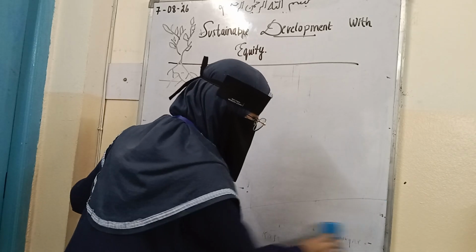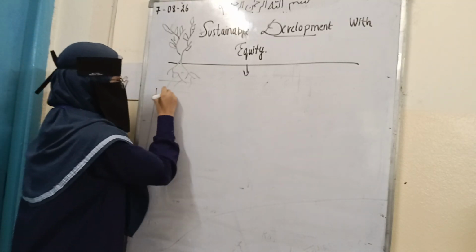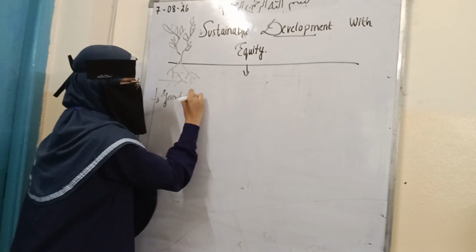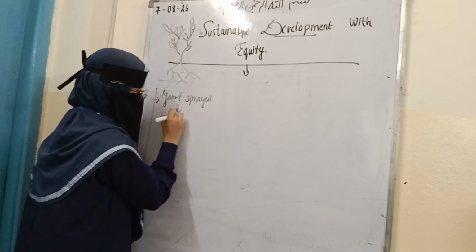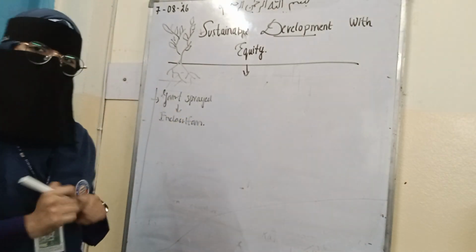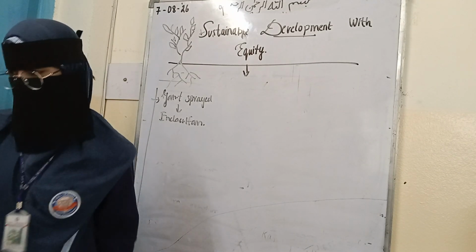We can also call this the endosulfan tragedy. The government sprayed endosulfan on the cashew crops for more than 25 years.